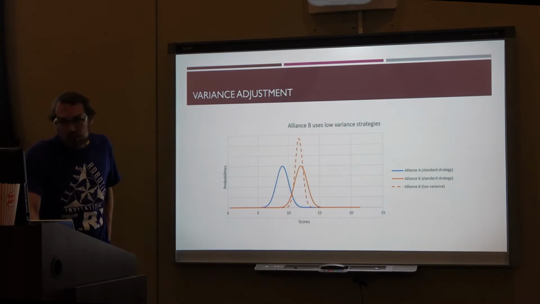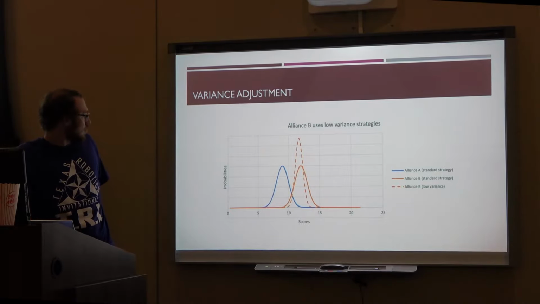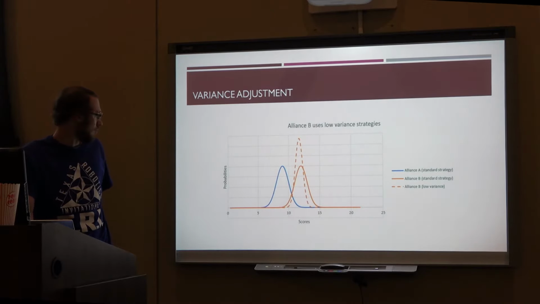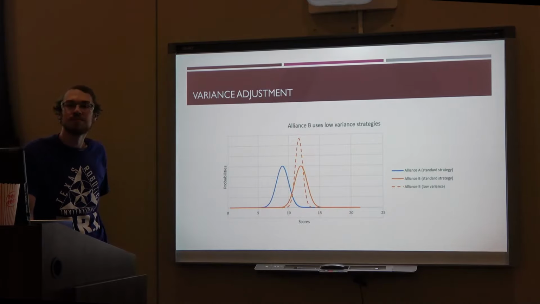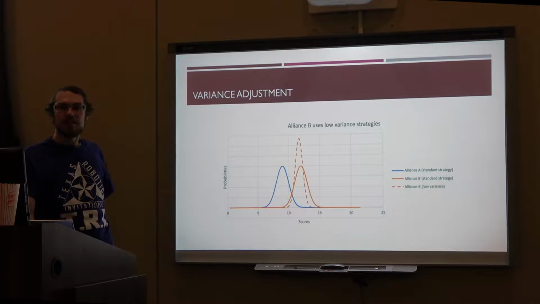Yep. So it seems like this year, for instance, a more realistic curve would be if you're the blue curve there. Teams that throw defense on the other team would actually be altering the other team's variance.